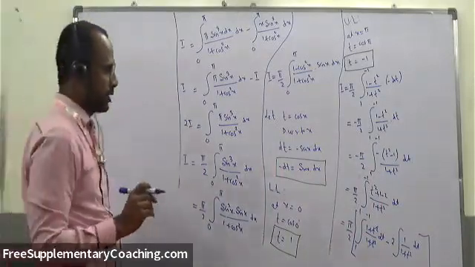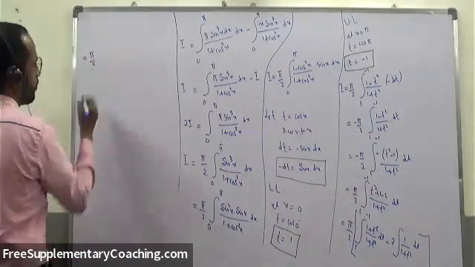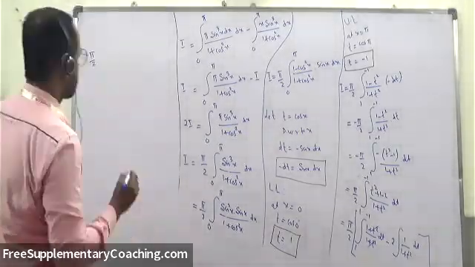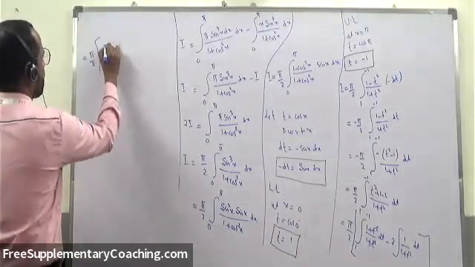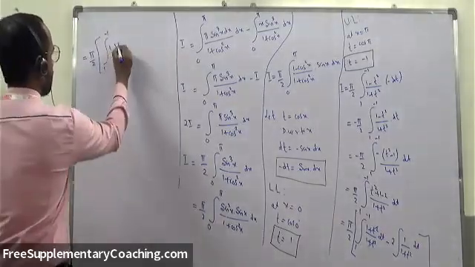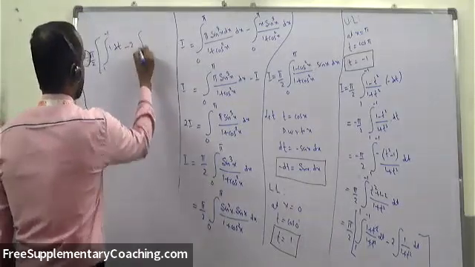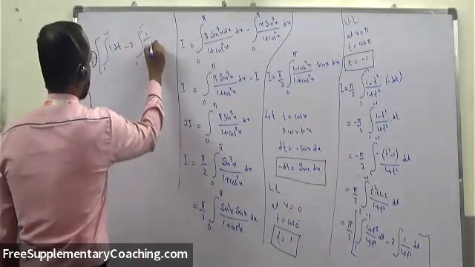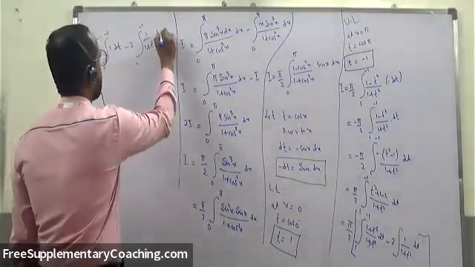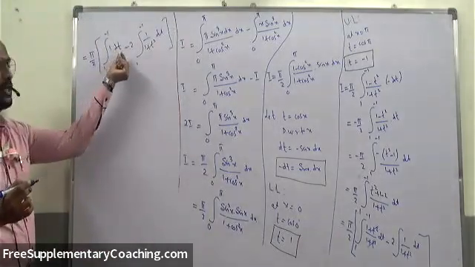So what we are getting is equal to pi by 2 integration 1 to minus 1 in a bracket, integration of 1 to minus 1, 1 into dt, minus 2 into integration 1 to minus 1, 1 by 1 plus t square into dt. See here, integration of 1 into dt is t.